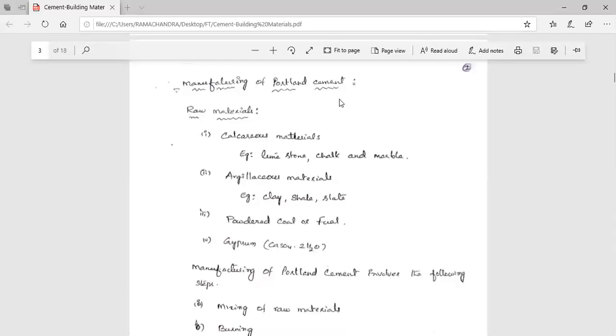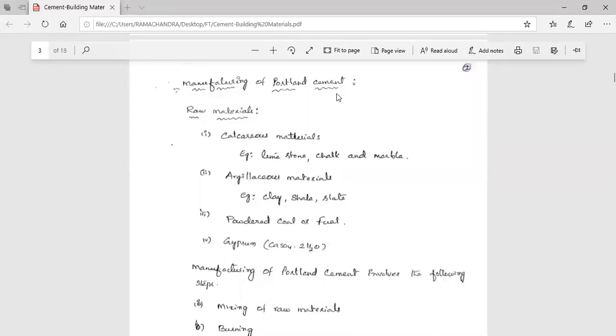Using the argillaceous matter and calcareous matter with the addition of 2 to 3% gypsum, we make Portland cement. So let's see what raw materials we use in the manufacturing of Portland cement.